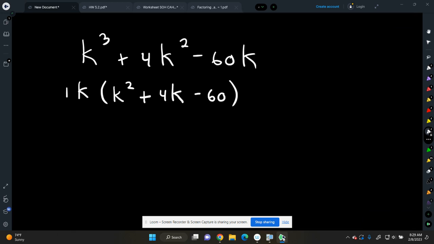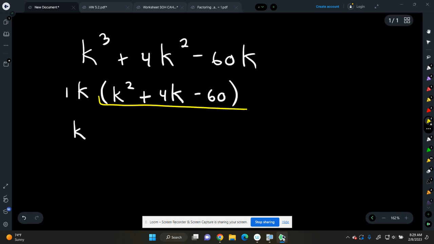D'Angelo, what do I do now? So you just drop down the K. Drop down the K. Good. And then what do we do with this parenthesis here? Break it into 2 parentheses.